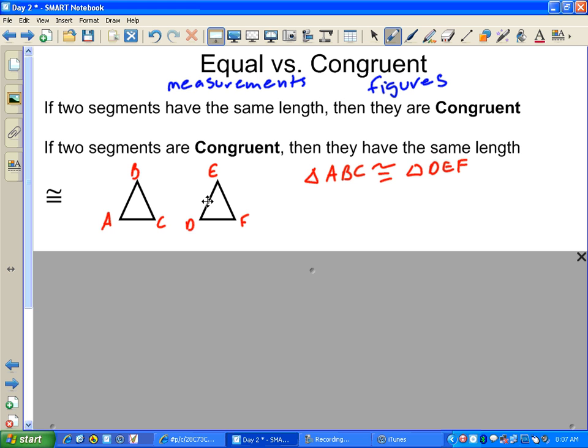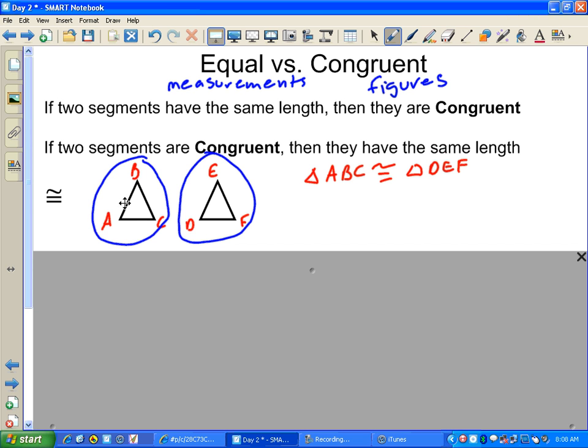And the one way that these are not the same is their position. Okay, ABC is over here. DEF is over here. They are not exactly the same because they're not in the same space. They're identical in every other aspect. And that's what congruent means.